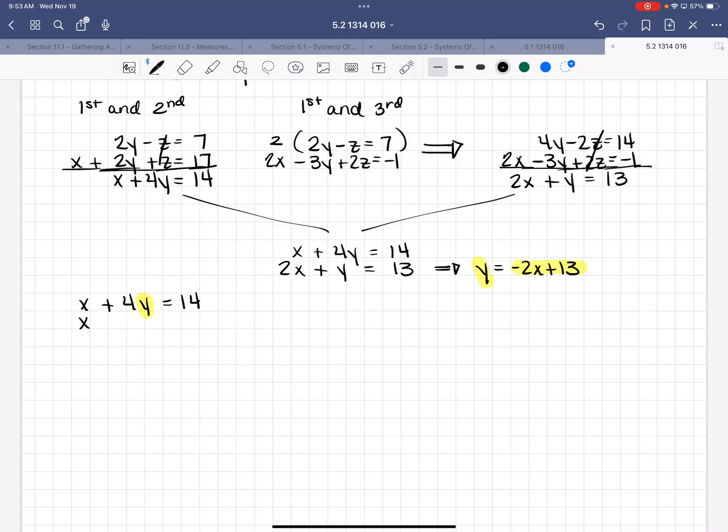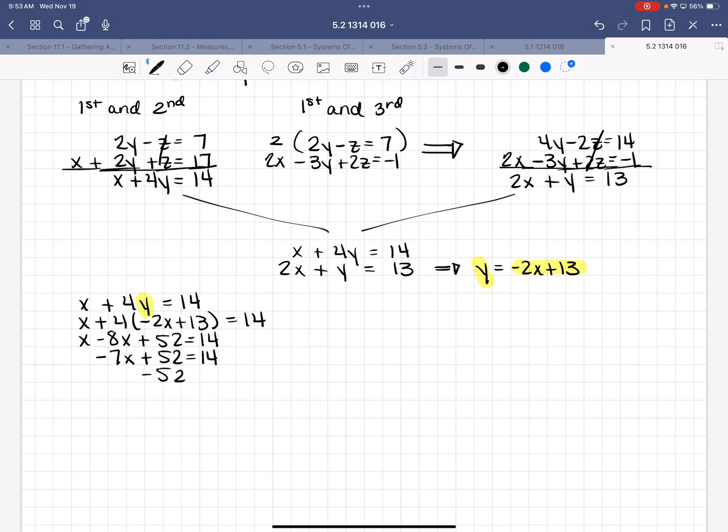That gives me x plus 4 times (-2x plus 13) equals 14. That's going to give me x minus 8x plus 52 equals 14, which is -7x plus 52 equals 14.